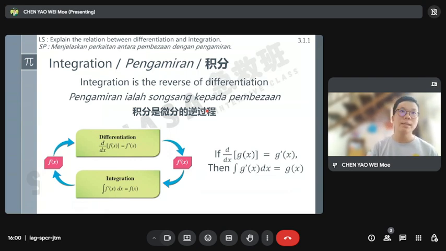So integration is the reverse of differentiation. This is the concept.